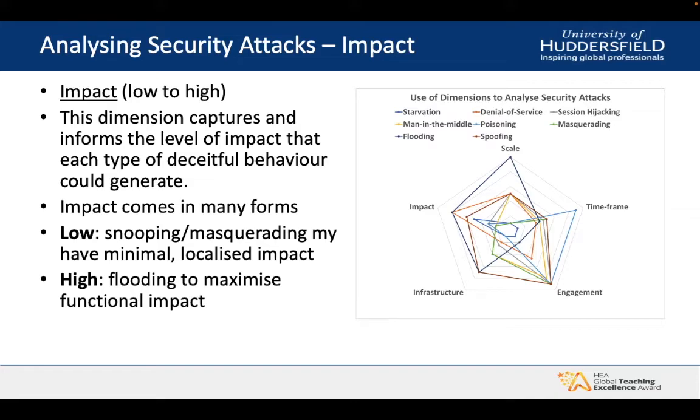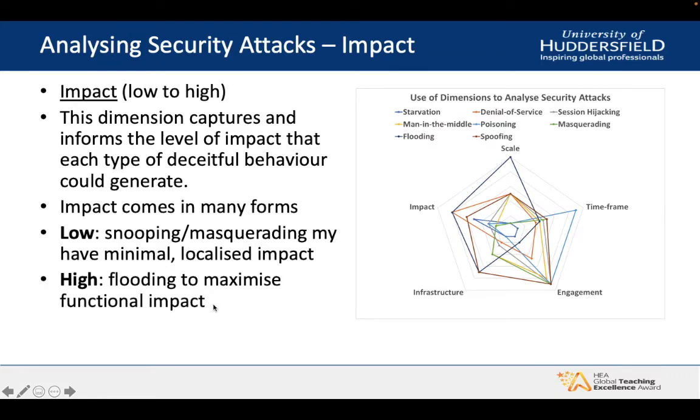So things that have a low impact could be things such as snooping and masquerading, where the localized impact could just be purely on data receiving, maybe a little bit of data manipulation and representing something in the system which is not true, but quite small. It could have quite large engagement and time frame dimension involvement, but in terms of the impact, it could potentially be quite low in the overall application if we're thinking of traffic control.